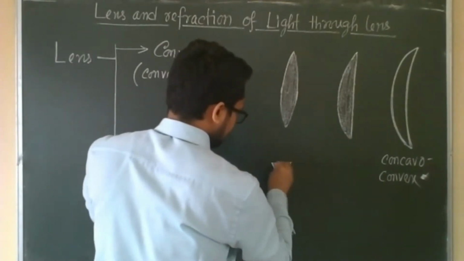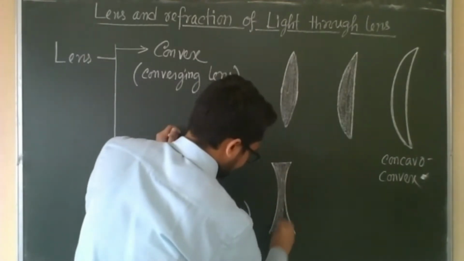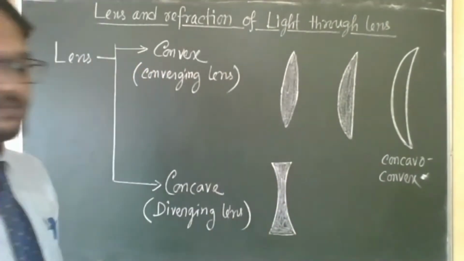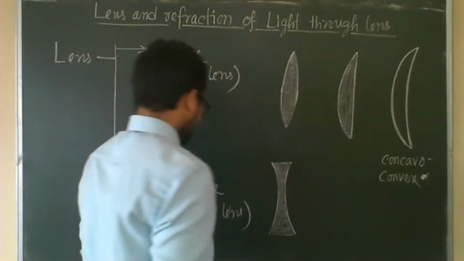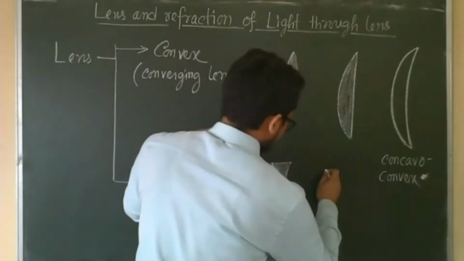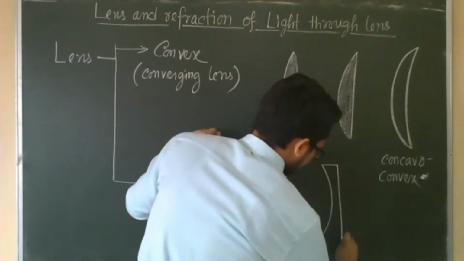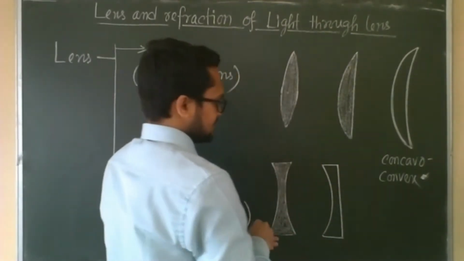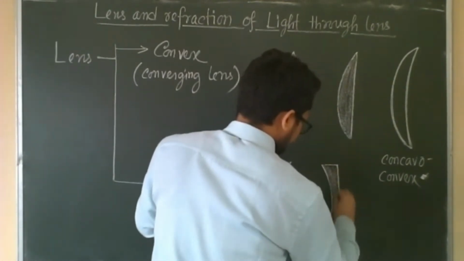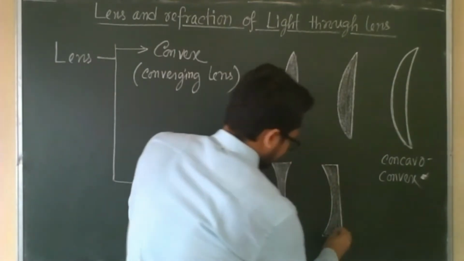The second one is plano-concave, which will look like this: one surface is plane and another surface is concave.